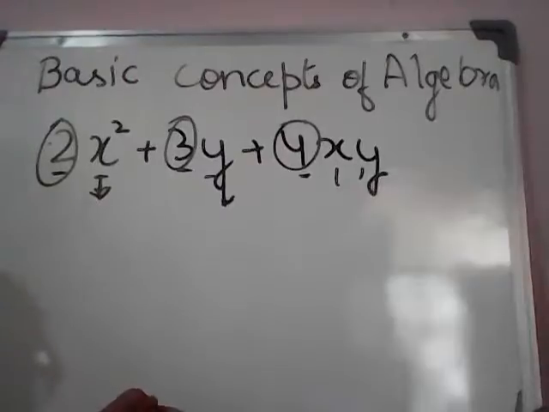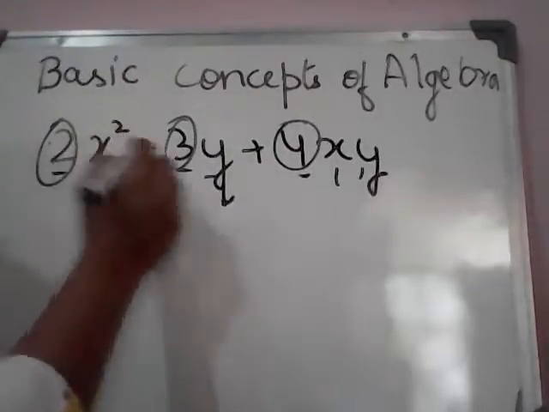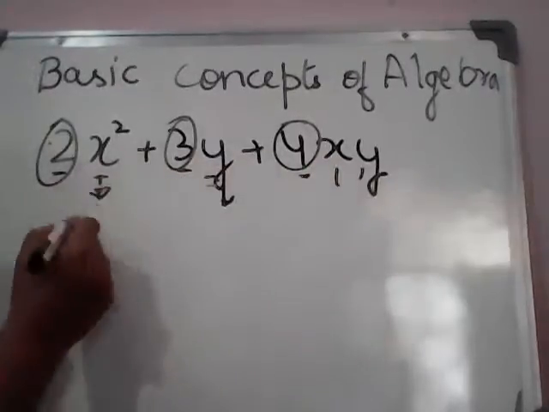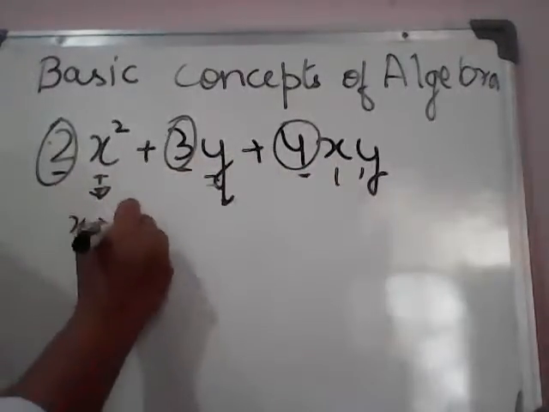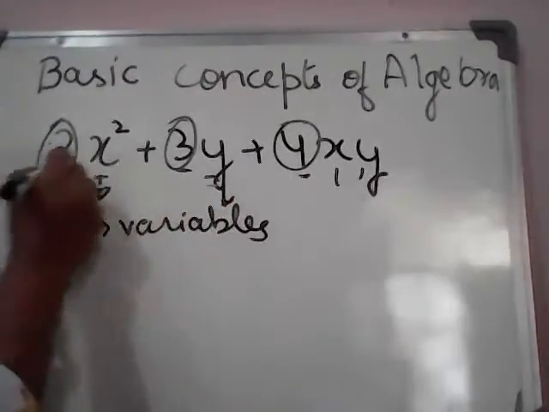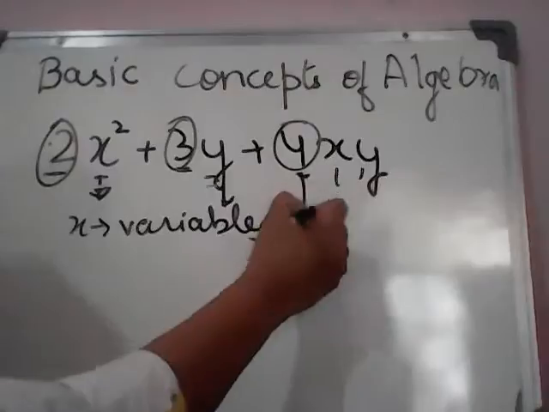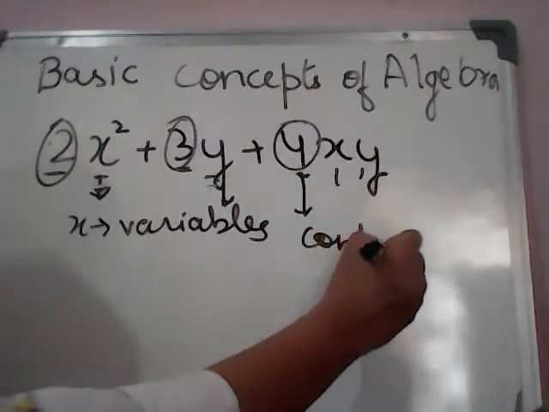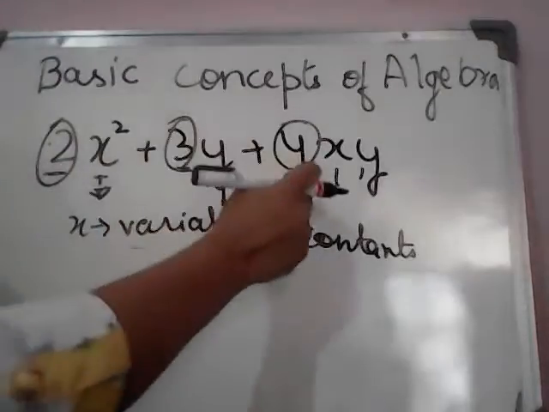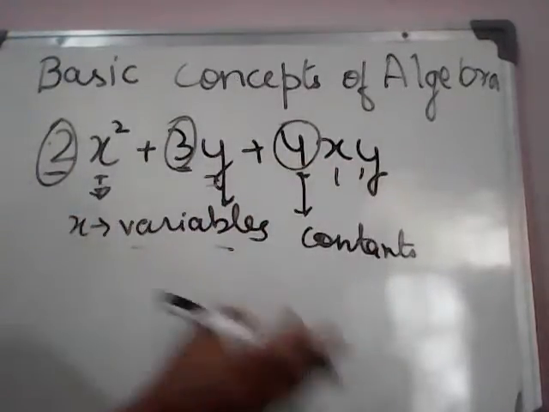Okay, let us continue. So these alphabets, I'm talking about this X, Y, and XY, are called variables. And these numbers are called constants. Why are they called variables? Because their value keeps on changing.